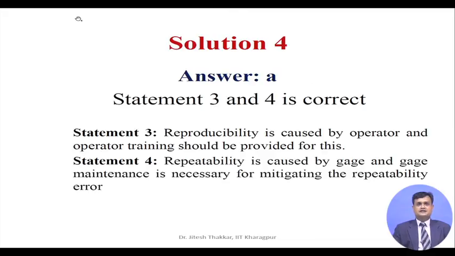The correct answer is A, statement 3 and 4 is correct. Statement 3, reproducibility is caused by operator, and operator training should be provided for this, and statement 4, repeatability is caused by gauge, and gauge maintenance is necessary for mitigating the repeatability error.